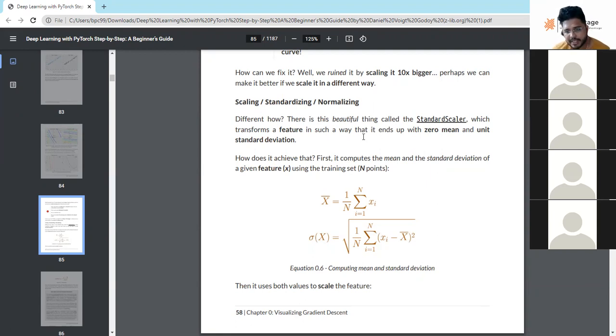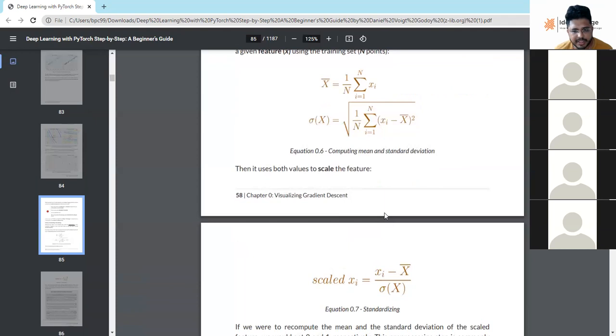But if I put that data in the standard scaler function, it will standardize it so that it has a mean of 0 and a standard deviation of 1, whatever my original data's distribution. Which type of distribution has a mean of 0 and standard deviation of 1? Can anybody say? Normal distribution, Gaussian distribution. So any distribution will be converted to a Gaussian distribution using this function.